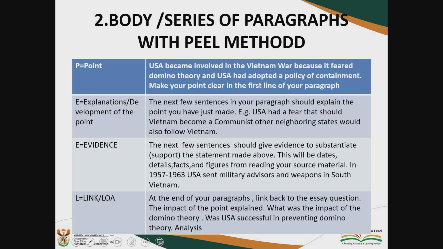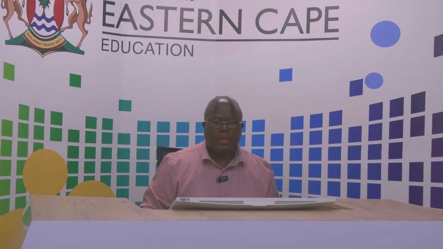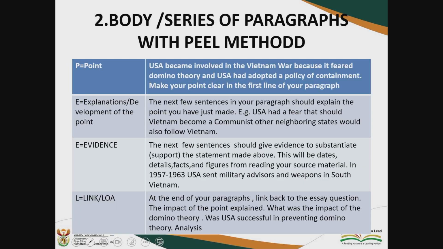Then when writing the body of an essay, that is a series of paragraphs with the PEEL method, you must use the PEEL method. Let me use an example from the Vietnam War. Here is the question: USA became involved in the Vietnam War because it feared the domino theory, and USA had adopted a policy of containment.